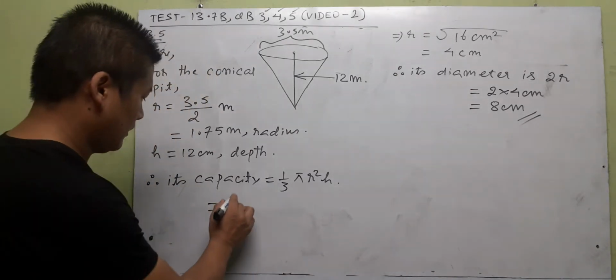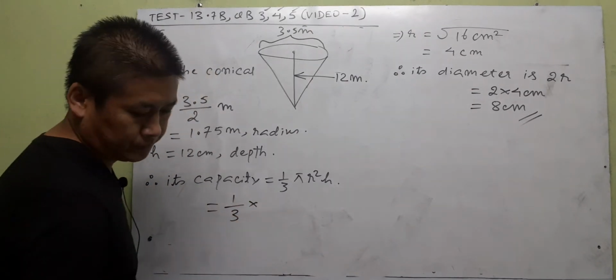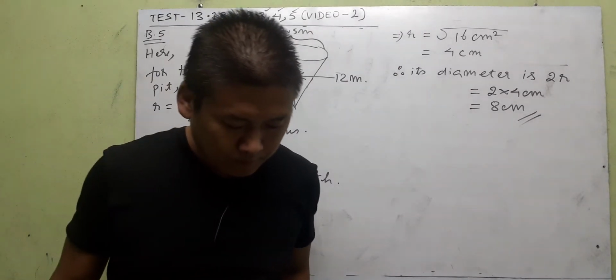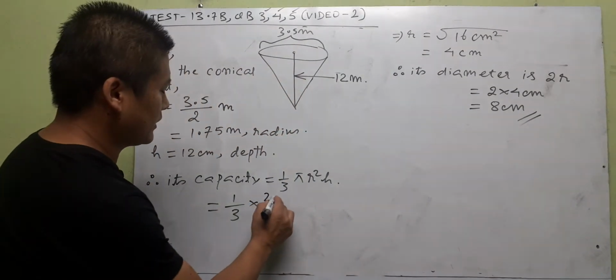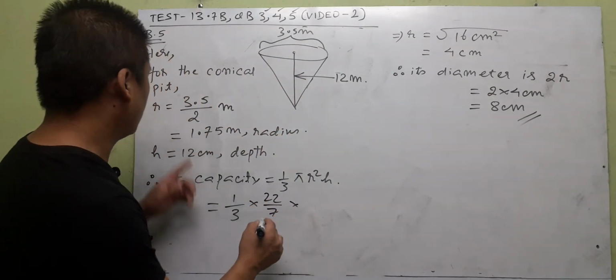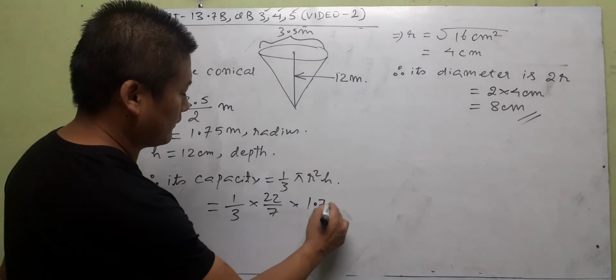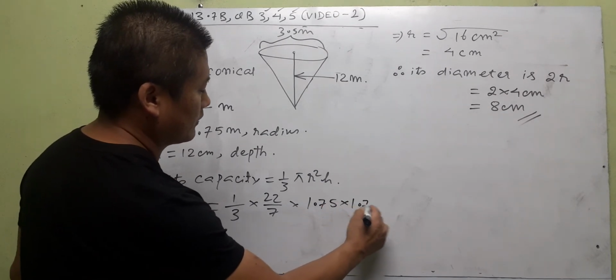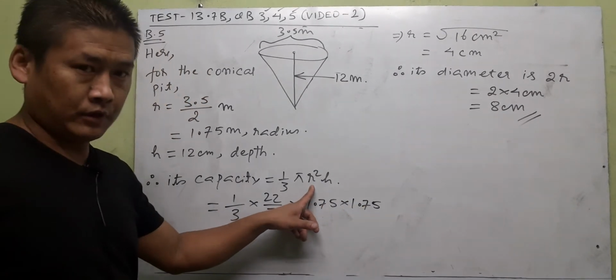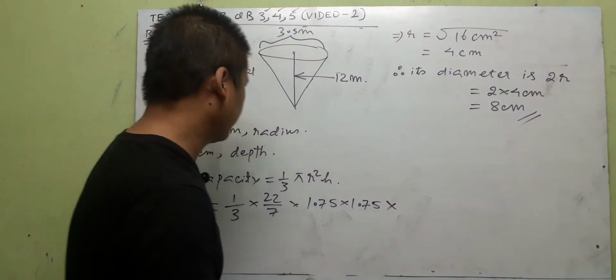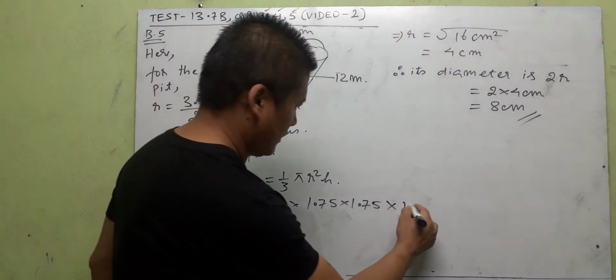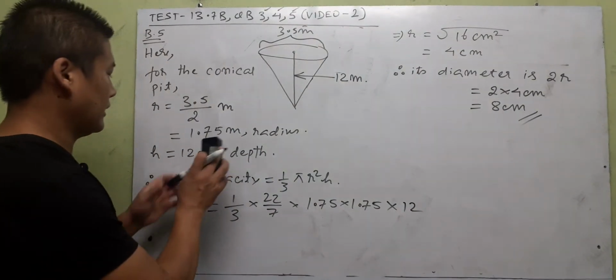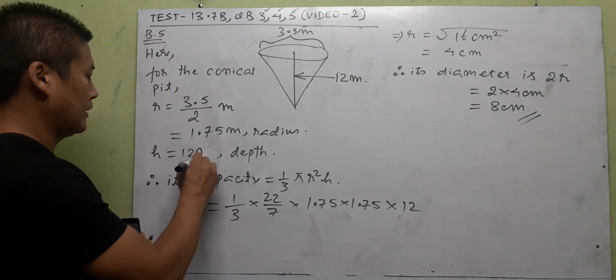So here 1 by 3 into pi, which is not given, so we are going to have to use 22 by 7 this time, into r, here 1.75, so again 1.75 because r square, right, into h here is 12. We have to make a slight correction here: this is 12 meter, 12 meters deep.